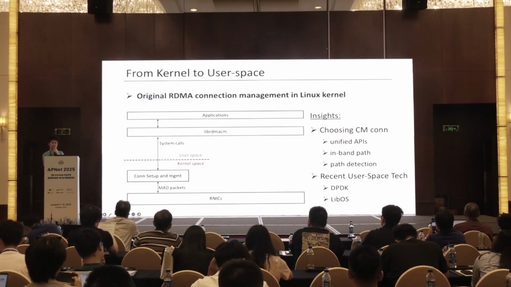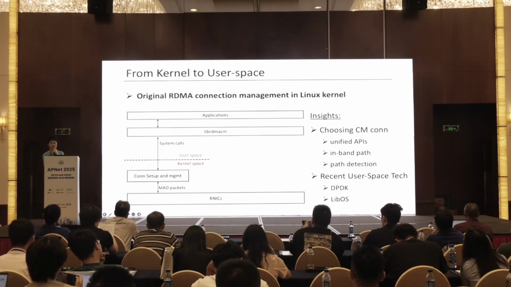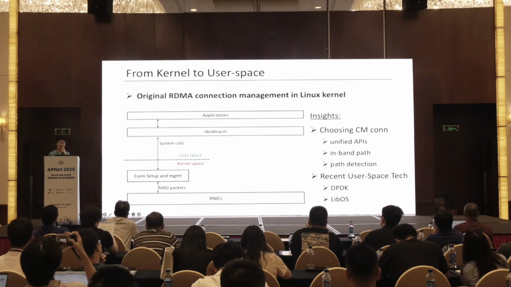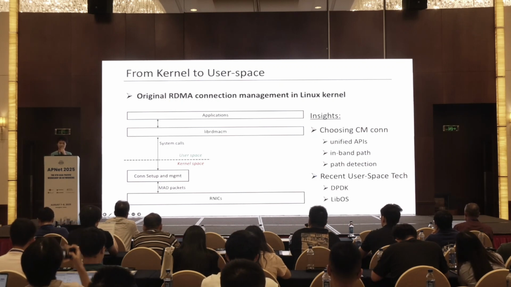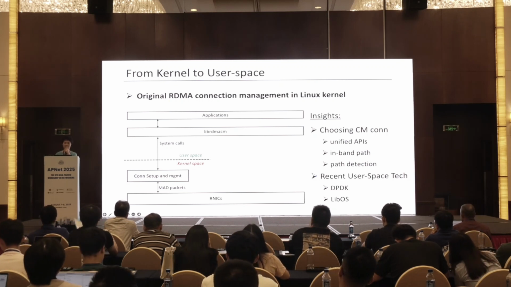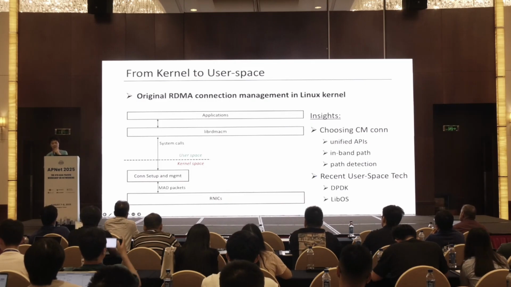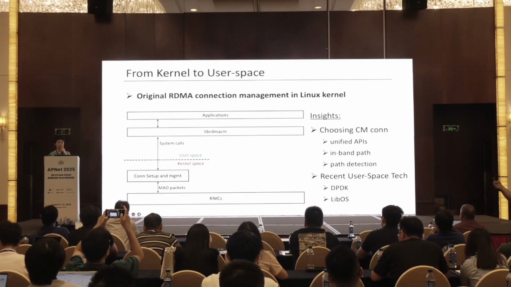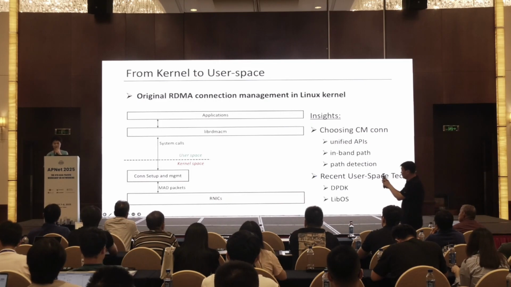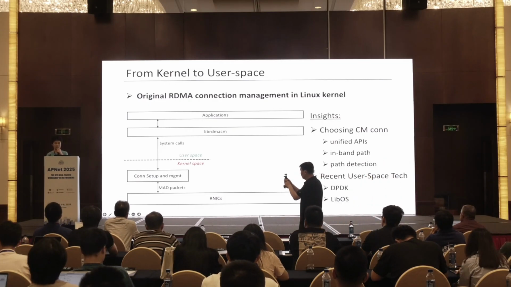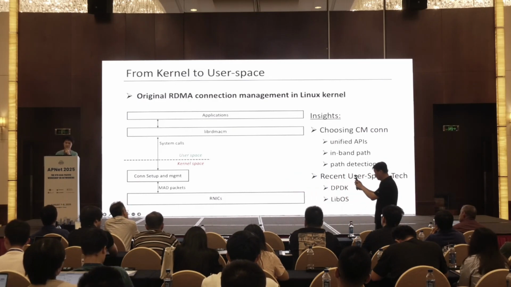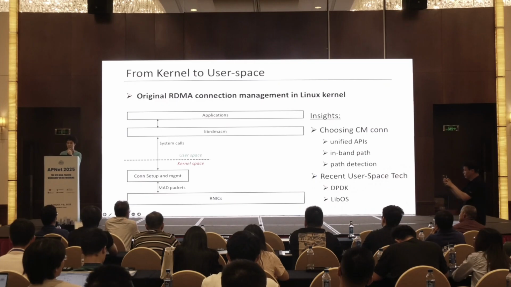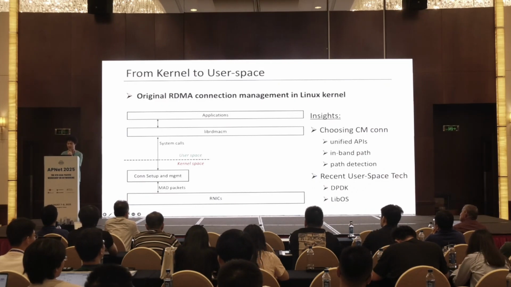One is to choose RDMA CM connection, because as we talked about before, it has unified APIs and its in-band features which can help us detect some potential path issues during the connection setup process before the real data transmission. The other is to leverage some recent user-space technologies like DPDK or some LibOS stack mode.